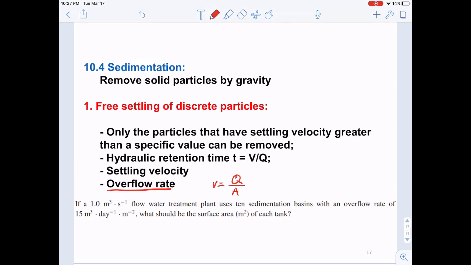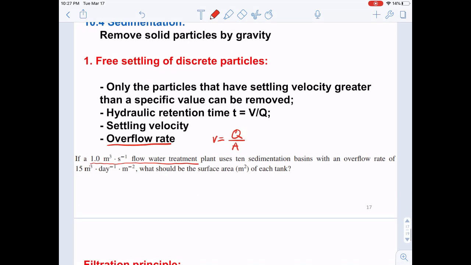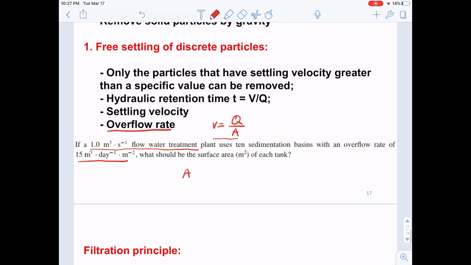If we already know the total flow rate of the water treatment plant and the overflow rate, we can just rearrange this equation to calculate the surface area.